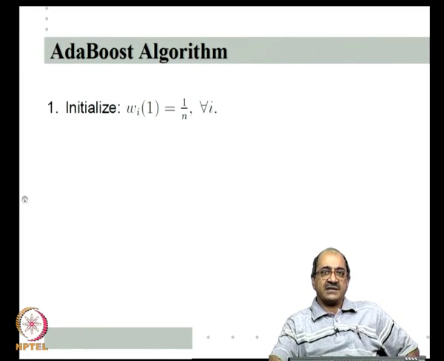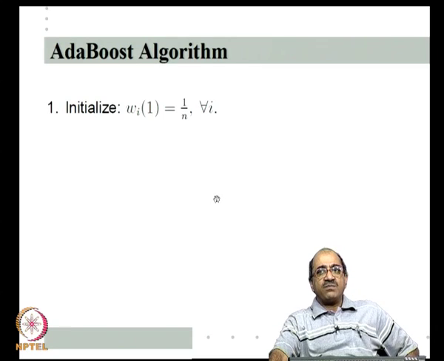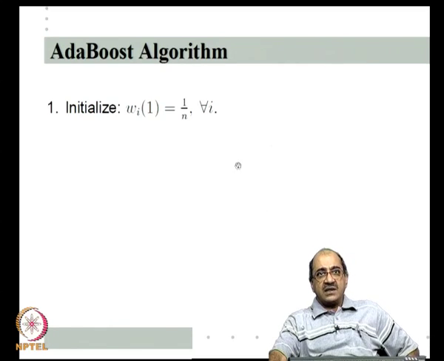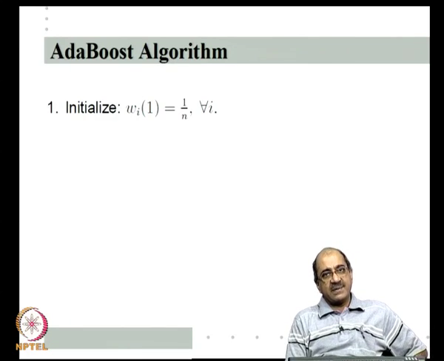So, essentially the examples with higher weights are more likely to come, and of course, this is because I am using wi as a probability distribution and sampling IID. It is like sampling from the example set with replacement. So, multiple times I draw an example, I might get the same example.